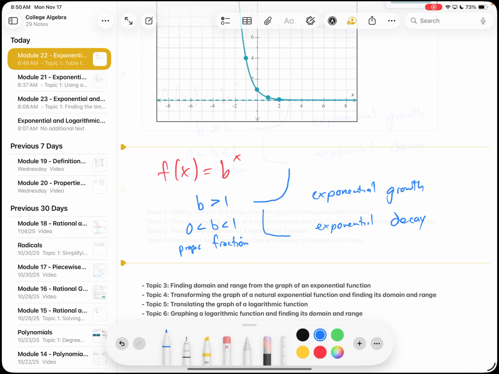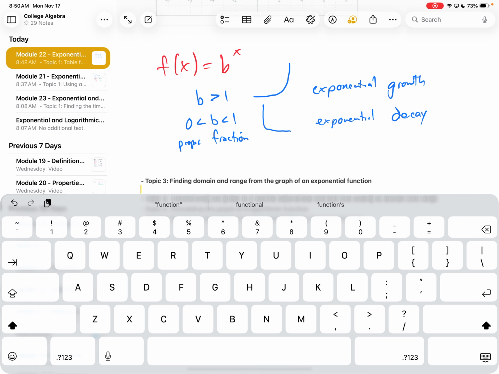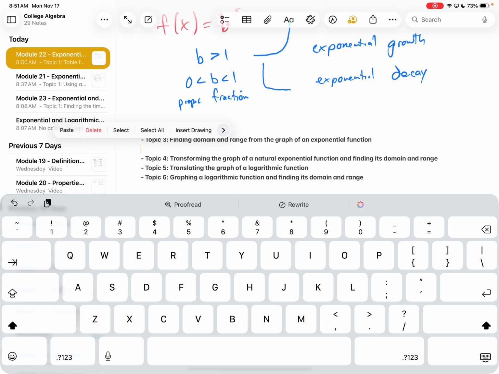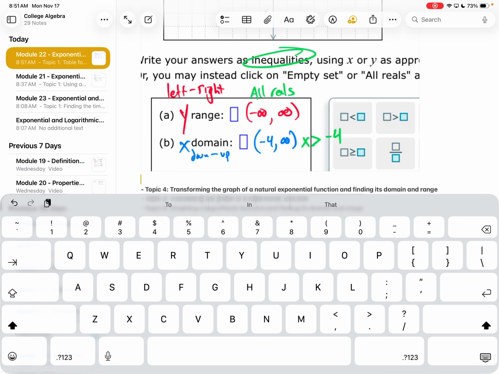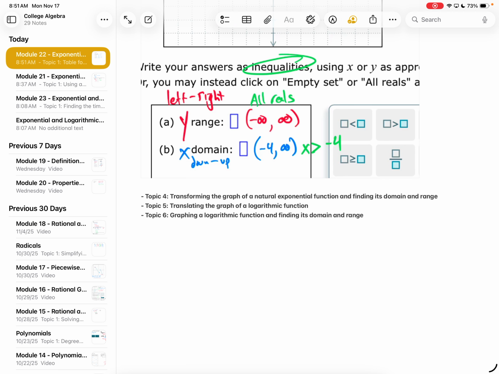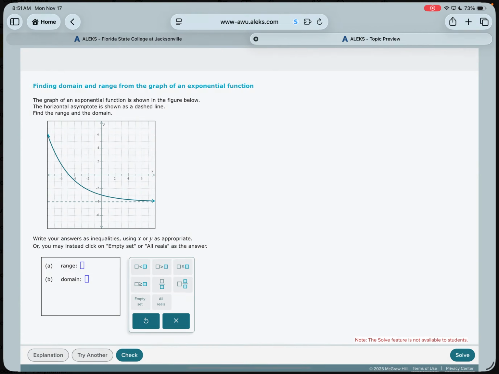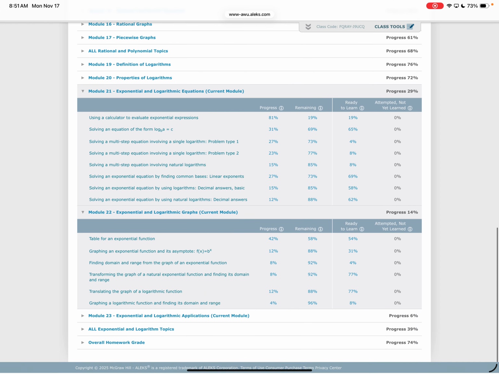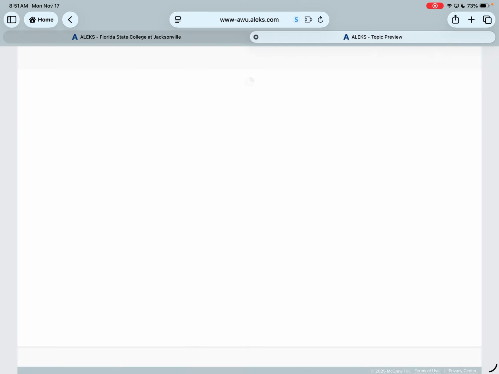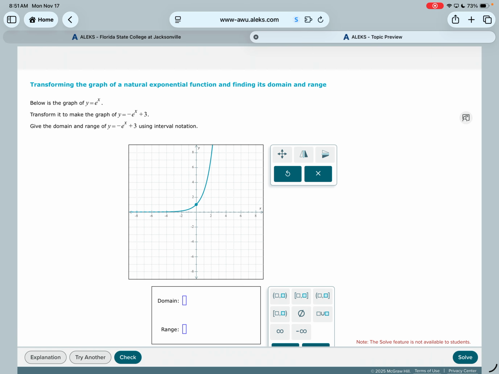So again, that negative right there, if you look at that negative, what they say is reflects across the x-axis. And then this one moves it up 3. Okay, just to clarify, this is left to right.